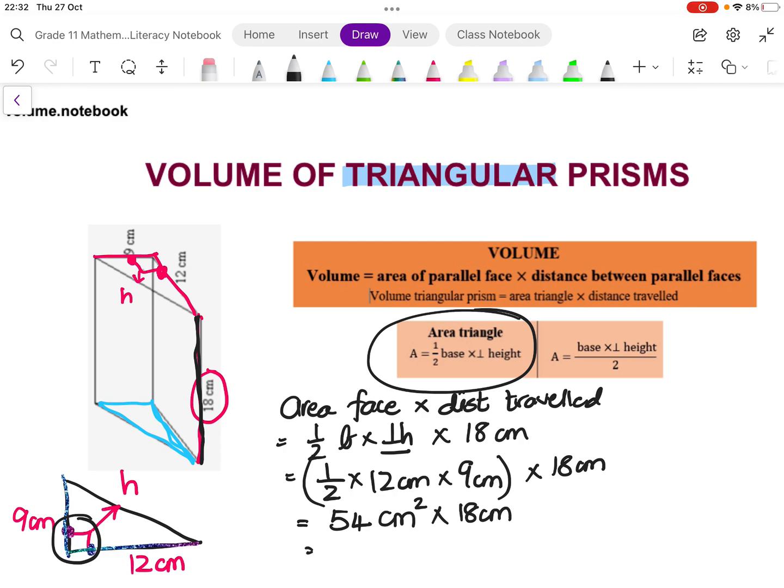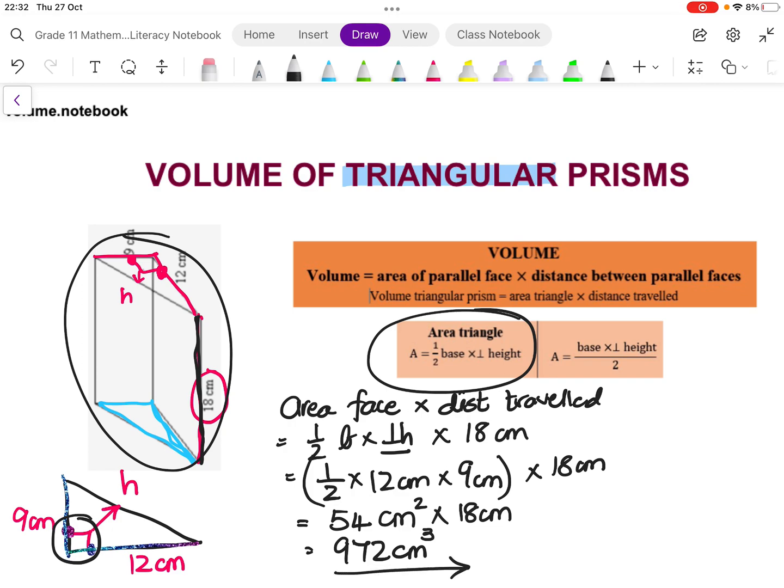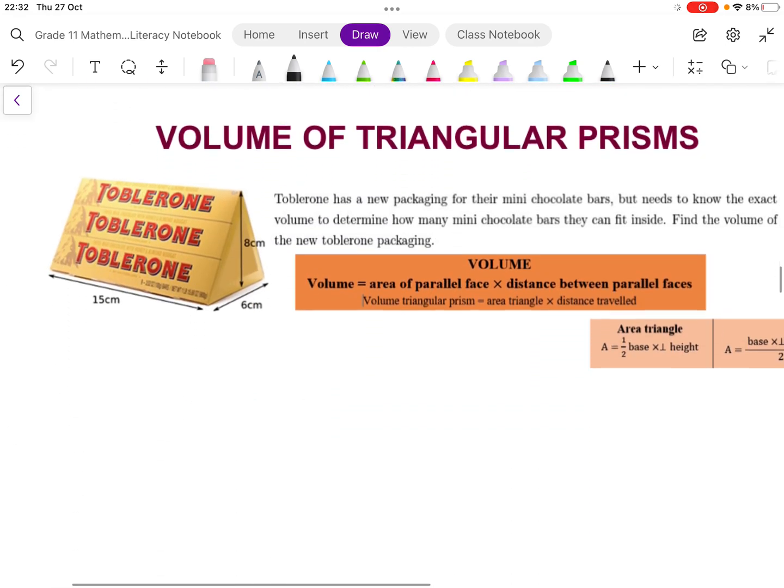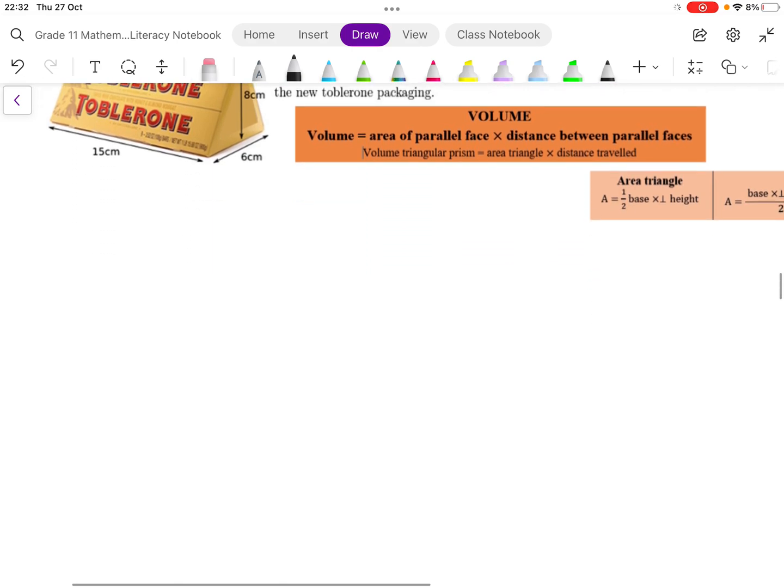So 54 multiplied by 18 will give me 972 centimeters. I've got this whole shape that can be filled. So that is a three-dimensional unit. But remember, we don't put the D. So that shape is 972 centimeters cubed. Let's have a look at the volume of, this one's also a homework one for you, real life.